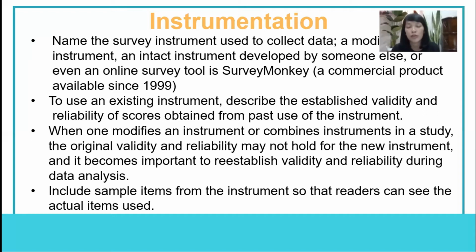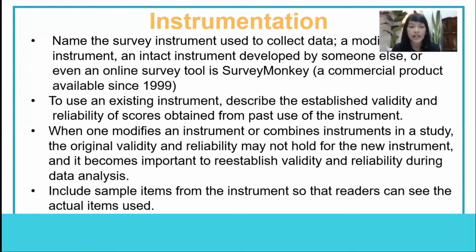So even if we modify the instrument, we still need to check the validity and reliability. For example, when we use a Likert scale in a questionnaire, we can use an inter-rater approach to check the construct validity, and we can use Cronbach's alpha test to get the reliability.